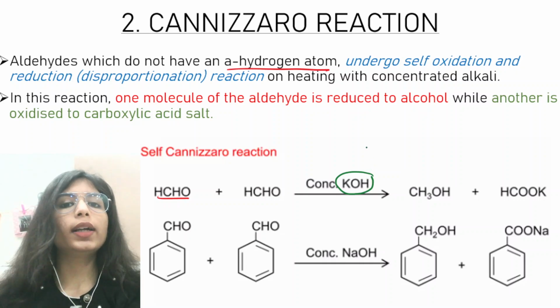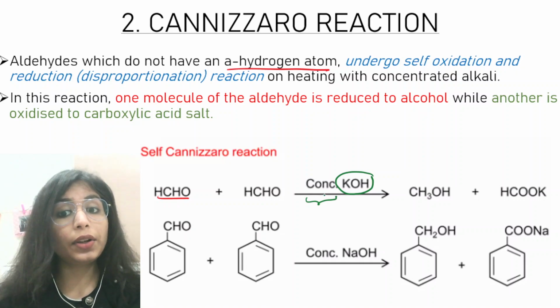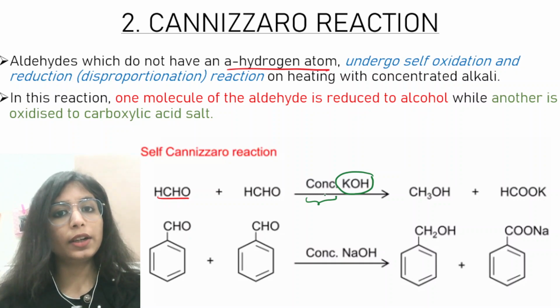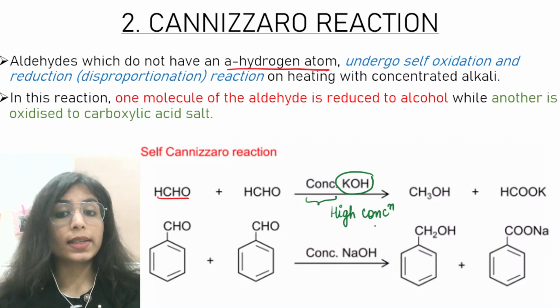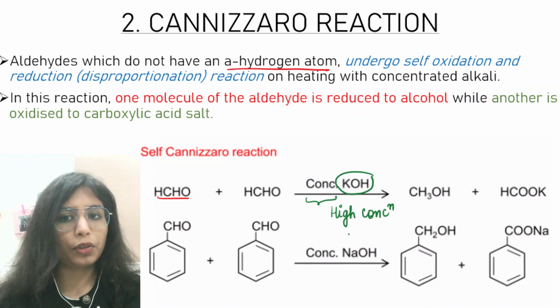In the aldol condensation reaction, you take a dilute base, a very mild base. But in the case of the Cannizzaro reaction, you need concentrated KOH, which means you are making use of a high concentration base. So strong, concentrated bases are used, while in the aldol condensation reaction dilute bases were used. This is another difference.